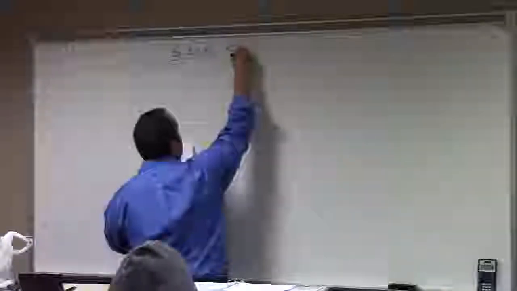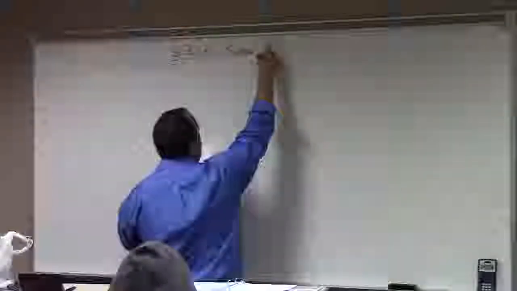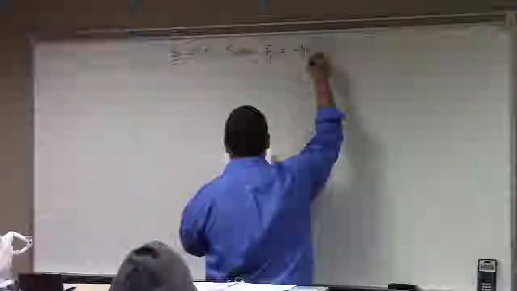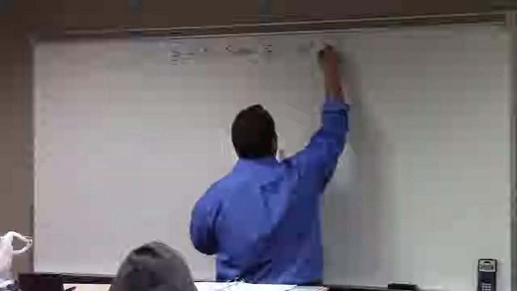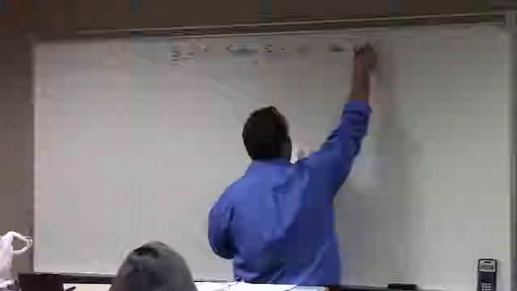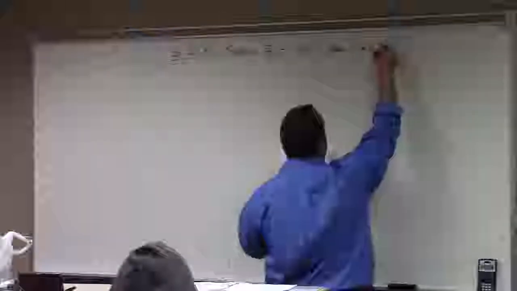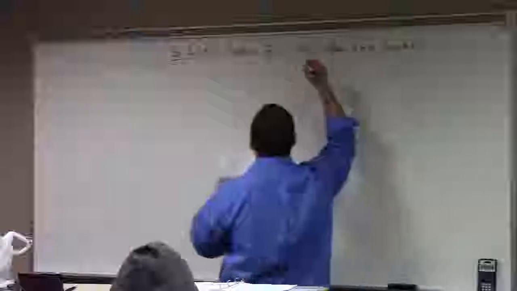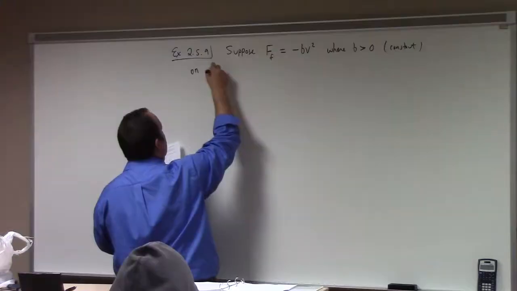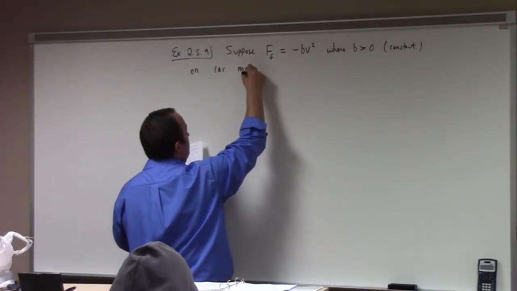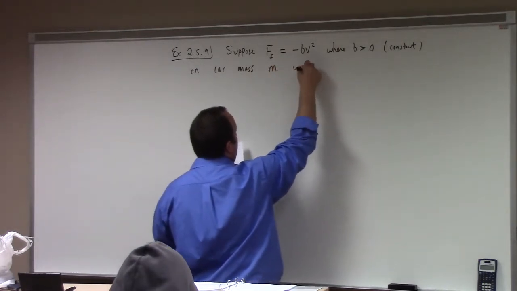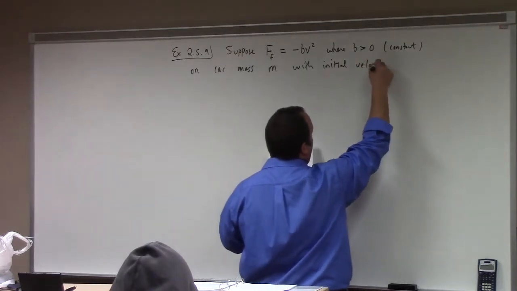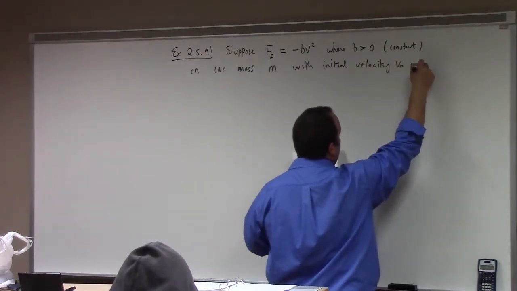Suppose the force of friction on a car with mass m is minus bv squared, where b is greater than 0, a positive constant, with initial velocity v naught and position.